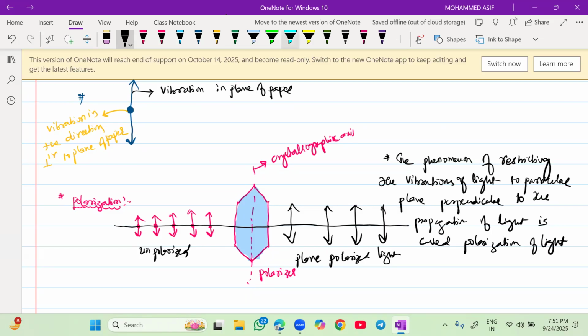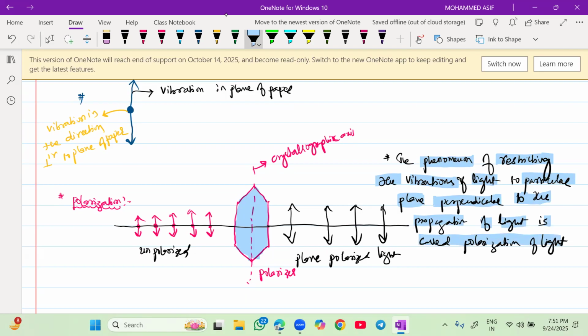Am I clear? So what do you mean by polarization? The phenomenon of restricting the vibrations of the light to a particular plane perpendicular to the propagation of the light is called polarization of light.